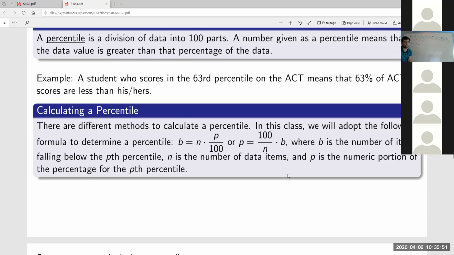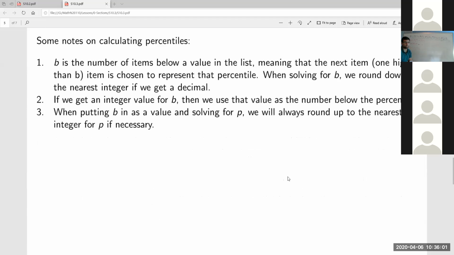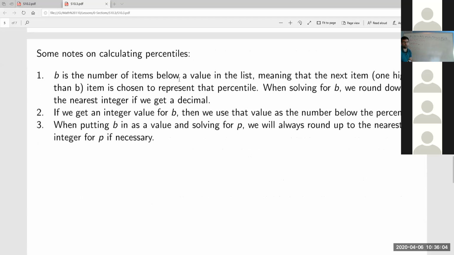So there's a lot of business that kind of goes into this definition, but it's actually easier to understand when you calculate it than when you actually do it. So B is the number of items below a value in the list. So meaning that the next item, one higher than B, is chosen to represent that percentile.